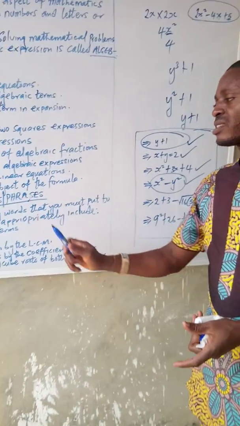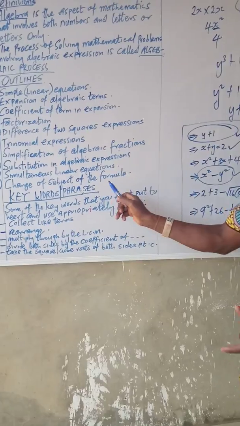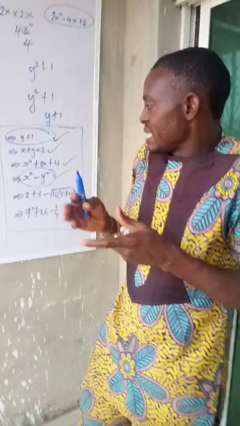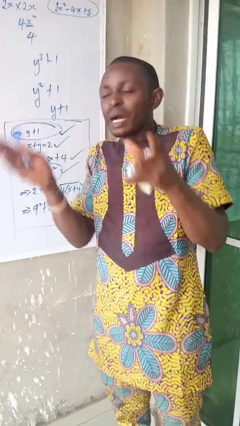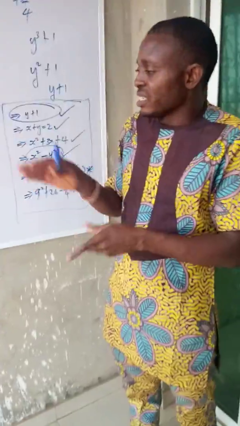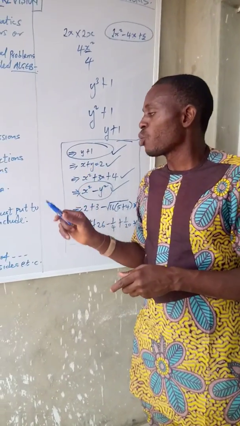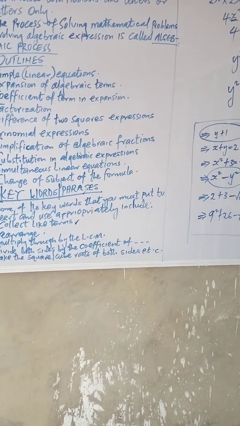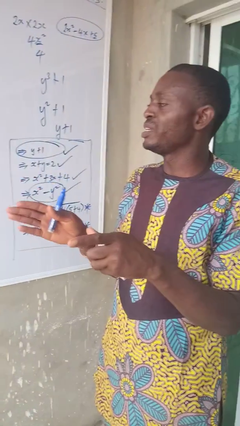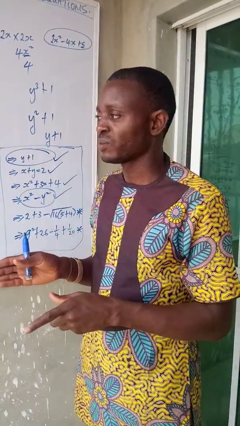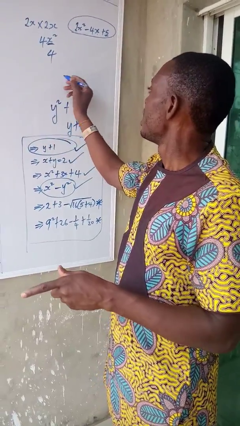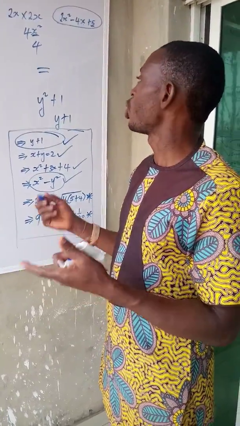Now, the key words or phrases that you make use of when you're solving algebra, the words that you must put to heart and learn, so you'll be using them appropriately as you progress while solving problems. Number one, collect like terms. To collect like terms means that, maybe there are two sides to the expression. You have expressions that have an equal to sign, or you call them equations.